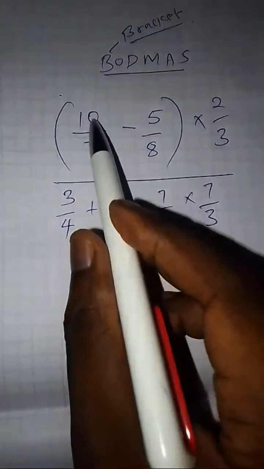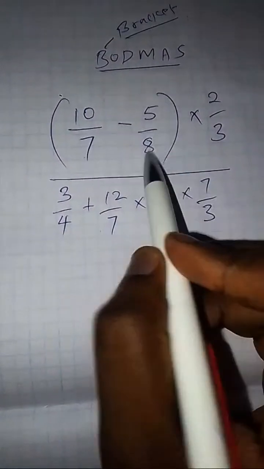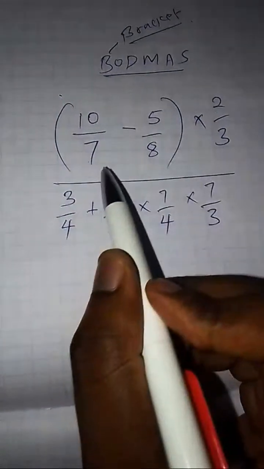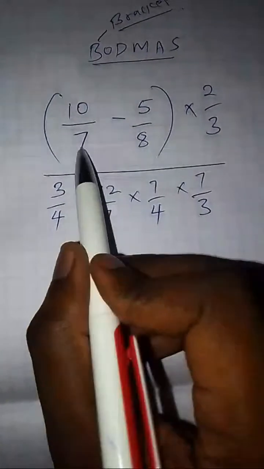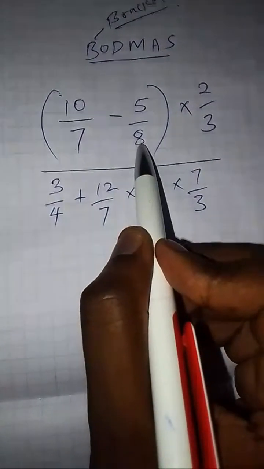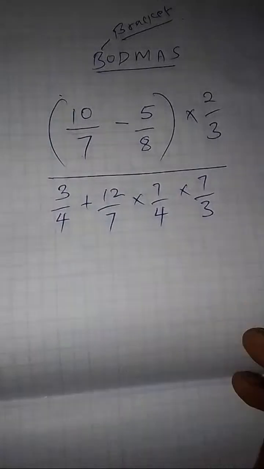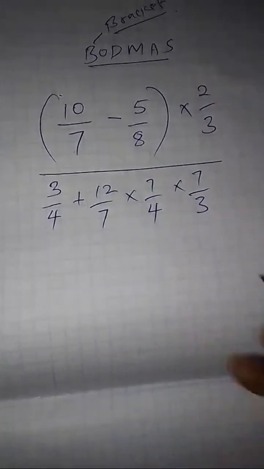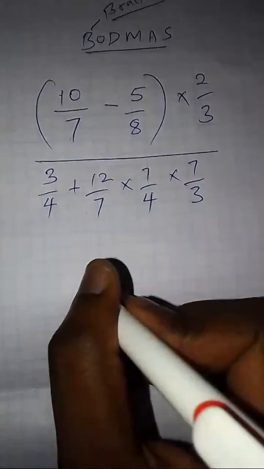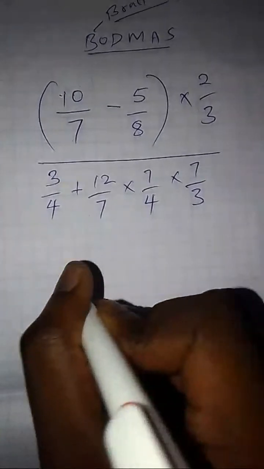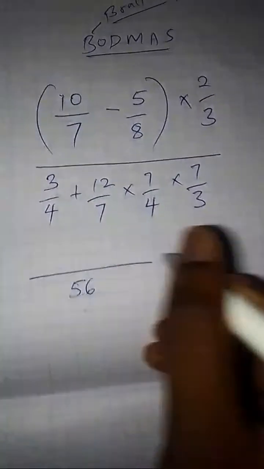So if you work out the bracket of this, so let's start. Here we shall have 7 multiplied by 8. That one I've talked about the other time when you are doing subtraction. So that is 56. So we shall have our 56 there. Okay.